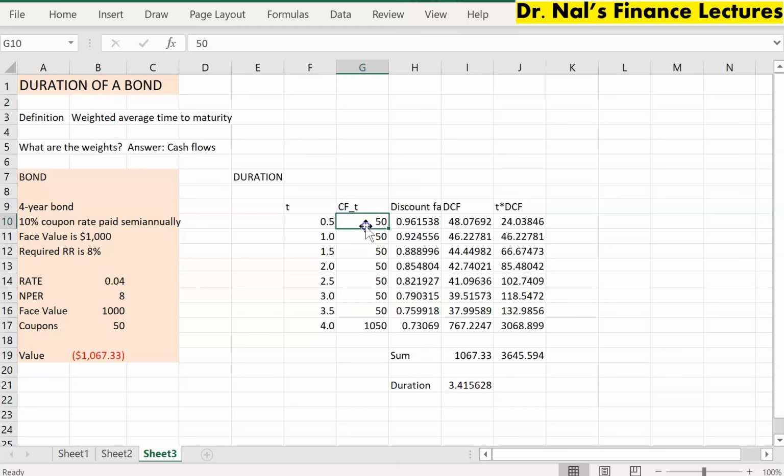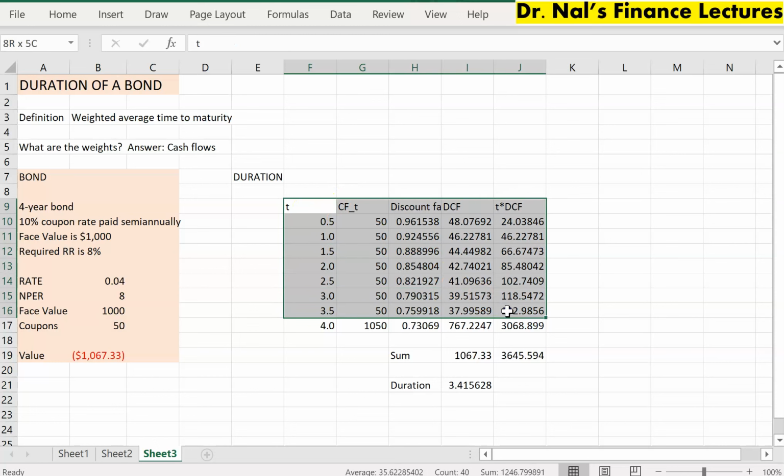What it means is that ahead of time, like 6 months later, a year later, 1.5 years later, and so on, you have already started to be paid back. It's not like you're waiting until the last day to receive back the whole investment. That's not true. So the duration formula takes this into consideration. That's it. This is the way to calculate the duration.